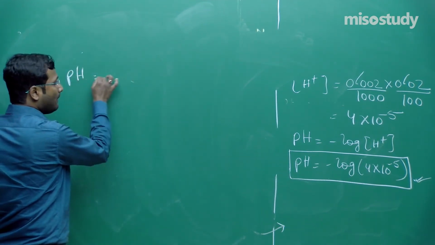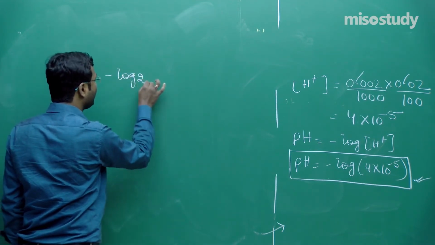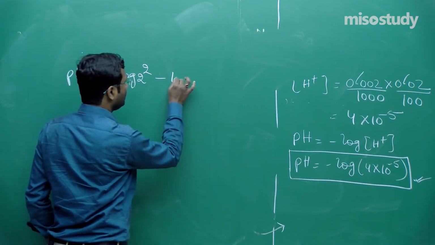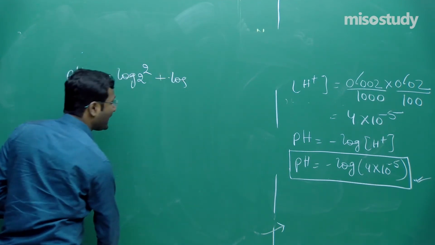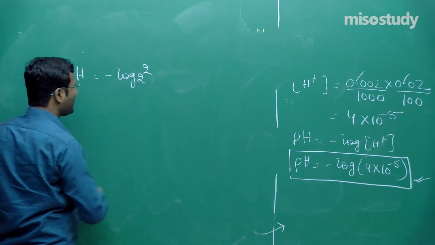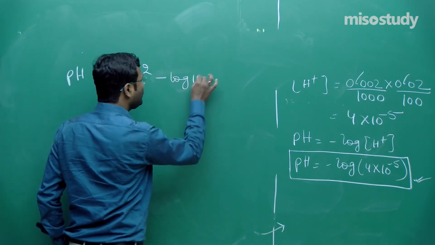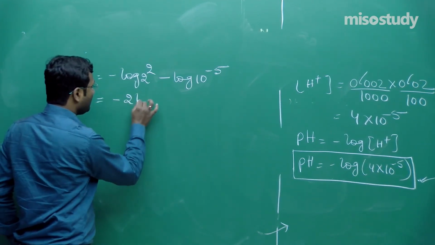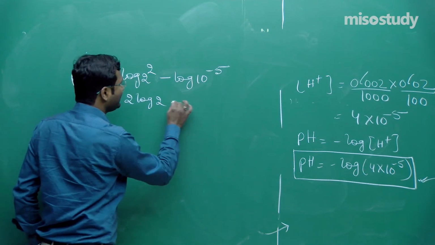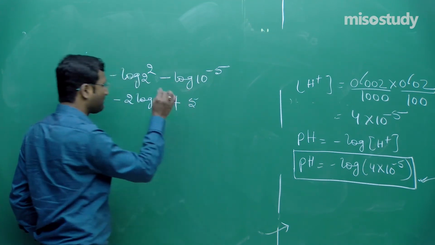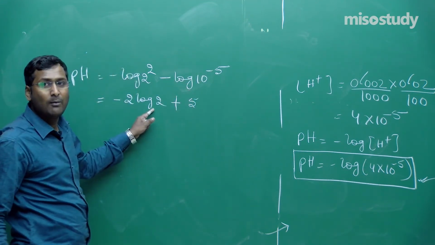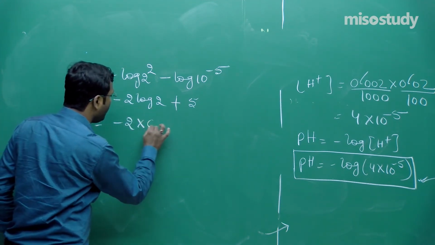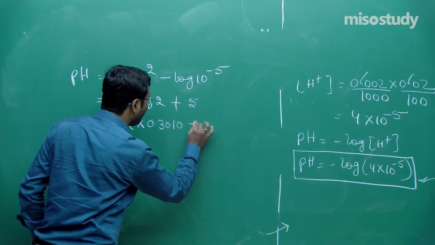pH is equal to minus log 4. We can write 4 as 2 into 2, 2 to the power 2, then minus. Then you can easily write plus minus minus. So you can write minus log 10 to the power minus 5. As we know, we can write 2 log 2, and for this one it is equal to minus minus plus 5. The value of log 2 is 0.3010. So minus 2 into 0.3010 plus 5.